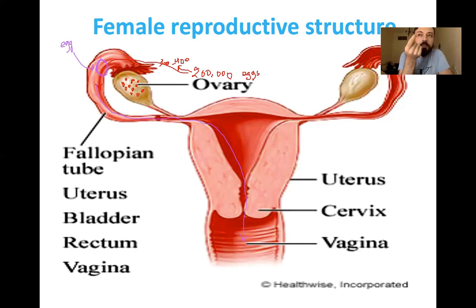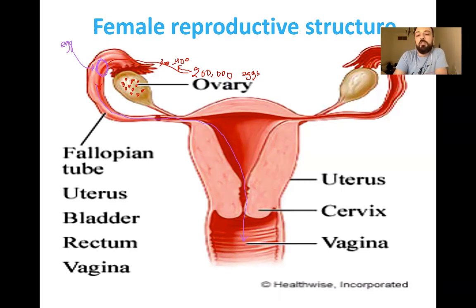It would be the egg. The egg is a cell visible to the naked eye, not too big, smaller than a dust particle. It would look like a dark red spot on their underwear.